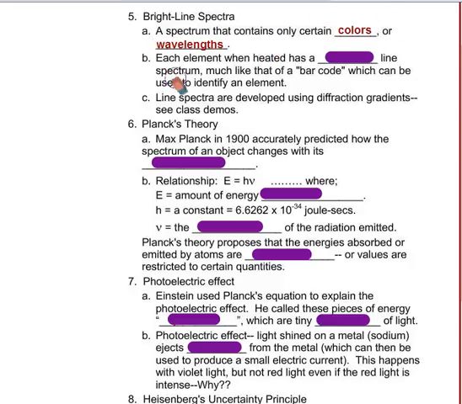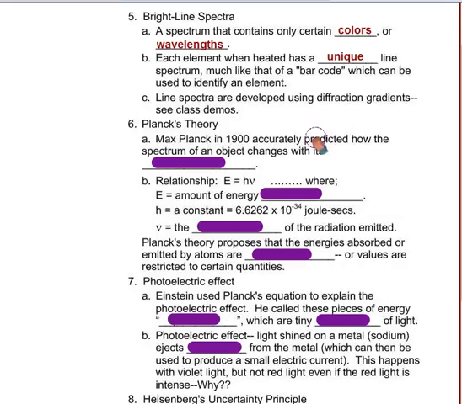And every element, when heated, has a particular unique line spectrum, much like that of a barcode, which can be used to identify an element. And these line spectra are developed using what are called diffraction gratings, which are used to actually come up with the different elements.